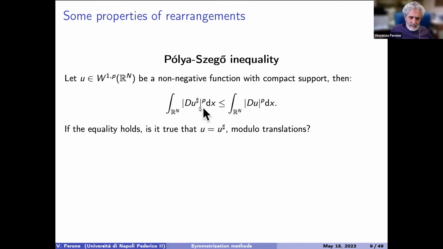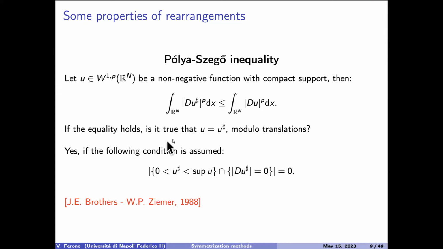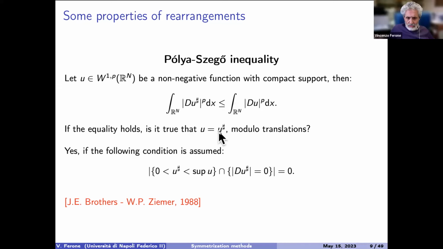In this case, one can say that if there is equality here, then u is equal to u sharp, under the additional assumption that the set where u is constant, where the gradient is equal to 0, between 0 and the sup of u, has to have measure 0.